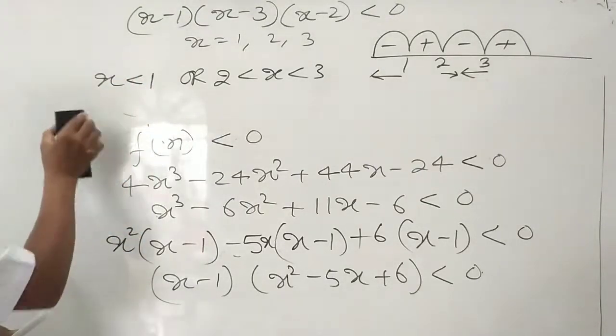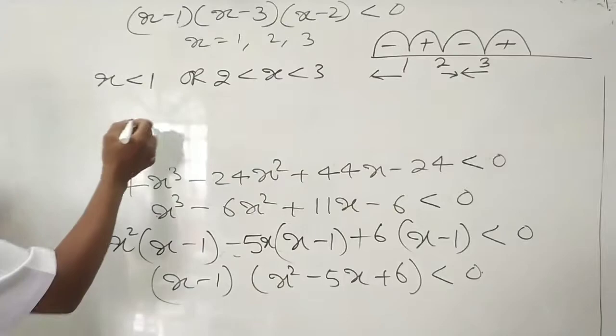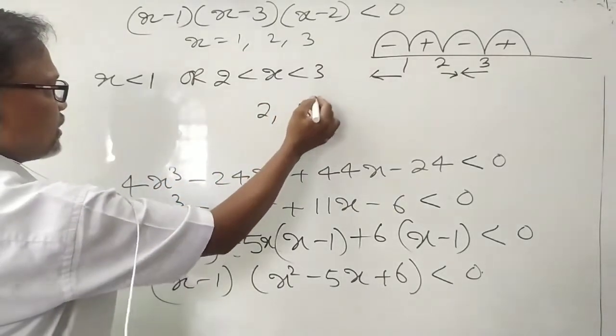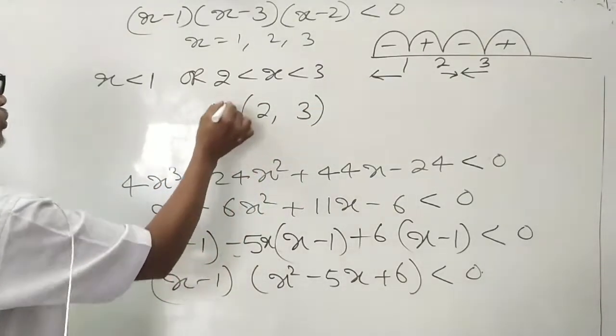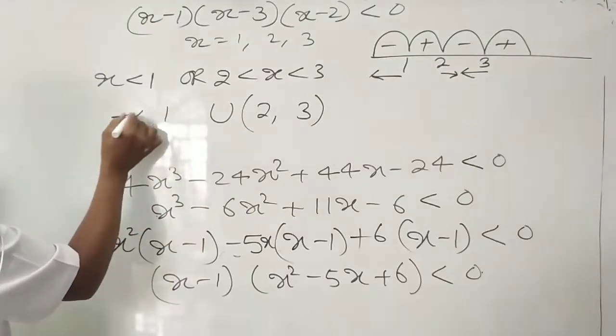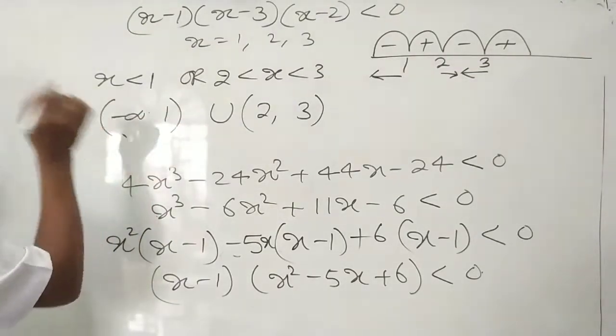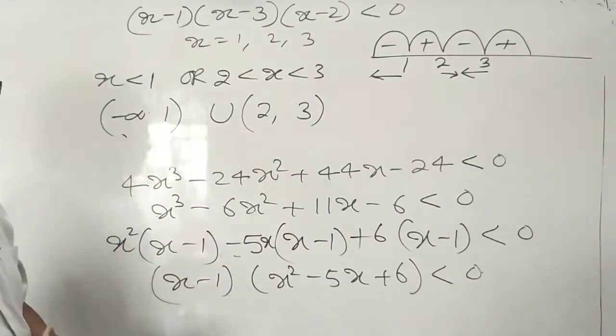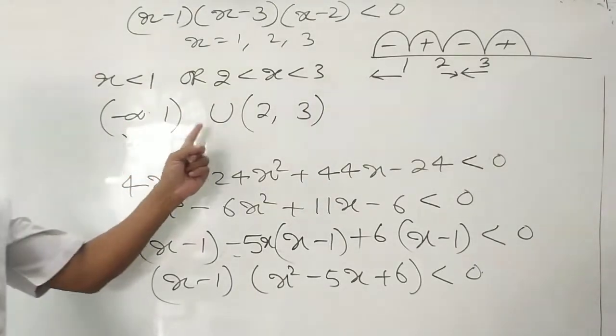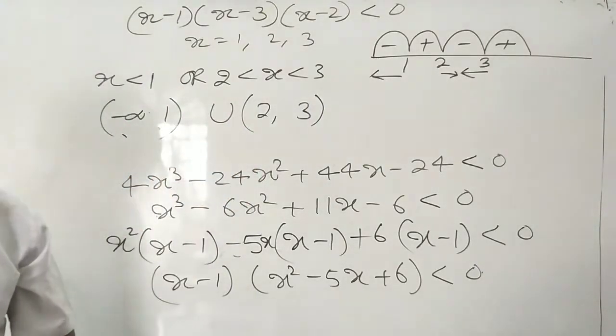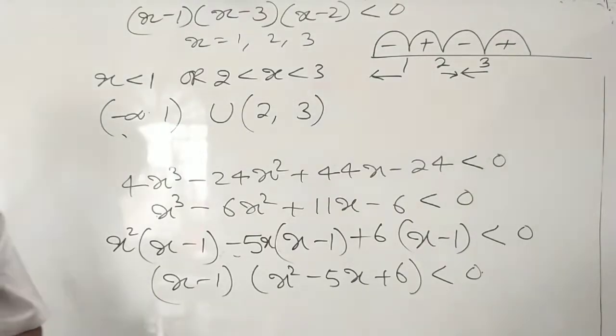And in the bracket form, if you write, it will be 2 to 3 union 1 to minus infinity. This is just the opposite of the increasing. So this is the interval for strictly decreasing. In this way this exercise has finished.